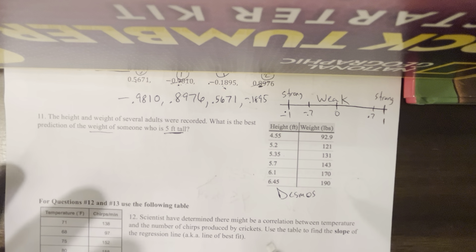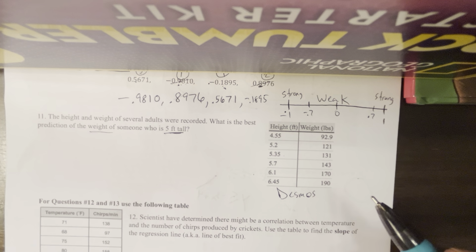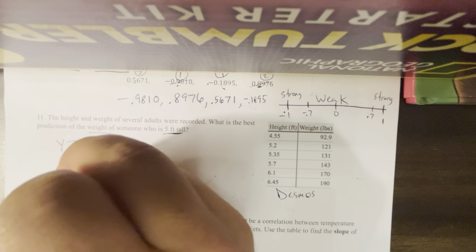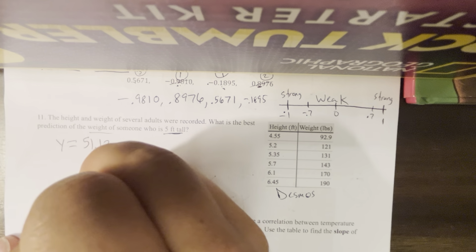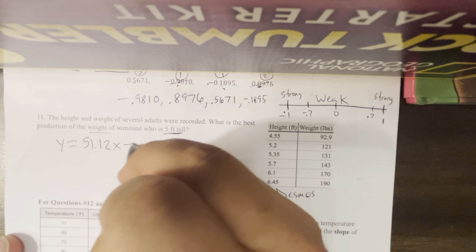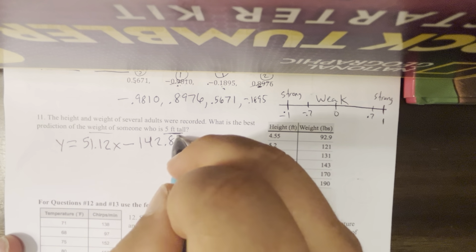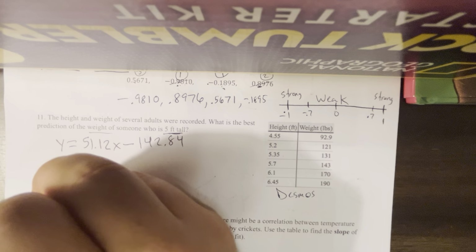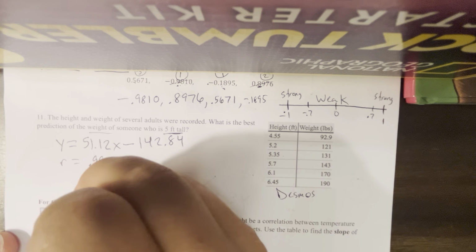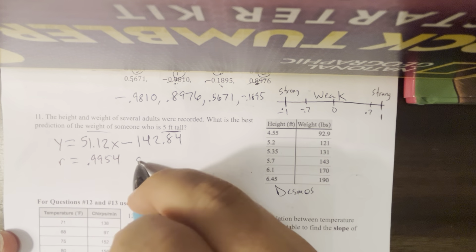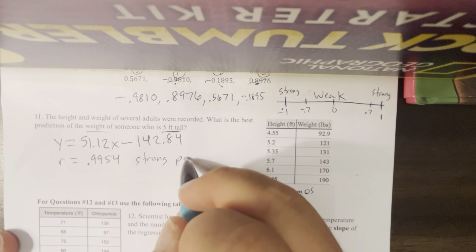All right, so just to go through what all we had in Desmos. In Desmos, the equation was y equals 51.12x minus 142.84. That was the equation. The r was 0.9954, which means this is a strong positive correlation.